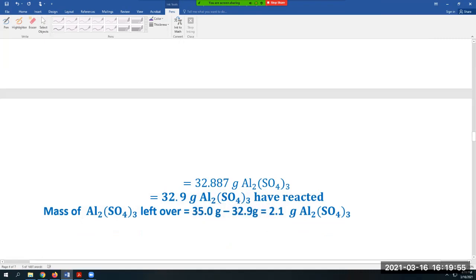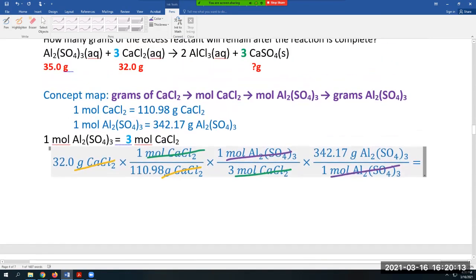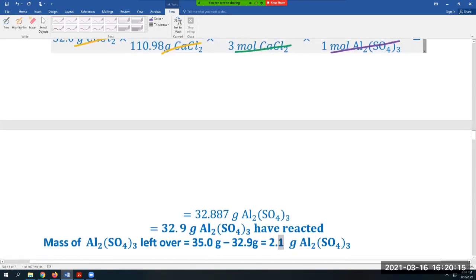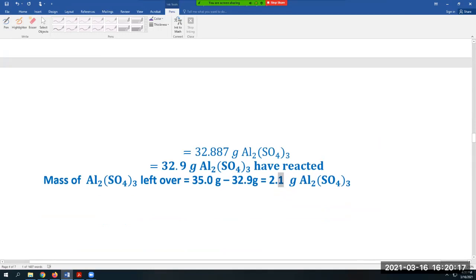This is a subtraction, so you keep the least number of decimal places, and here they both have one decimal place, so you keep one decimal place in the end. It's 2.1 grams of aluminum sulfate that is left over, because that's the reactant in excess. And so that answers this question here. And that ends problem number 3.